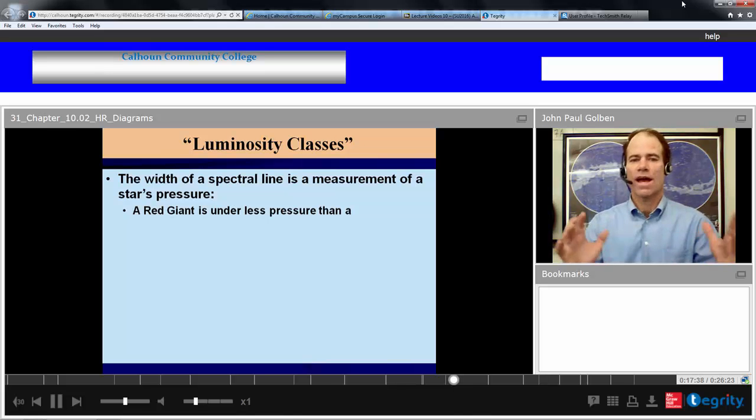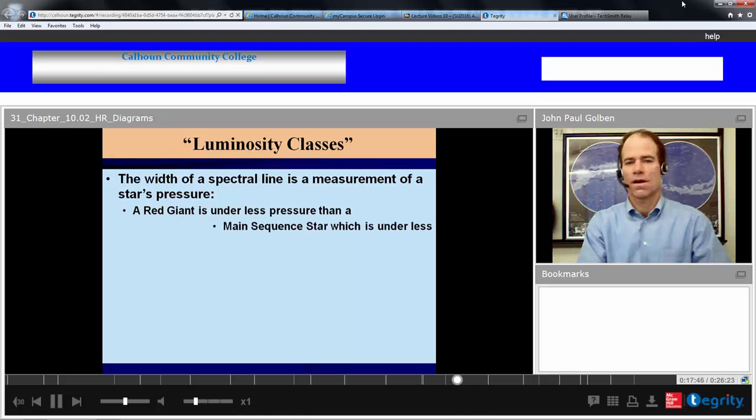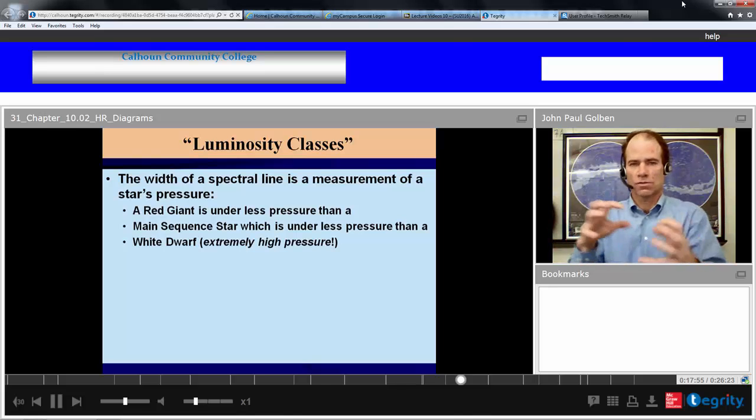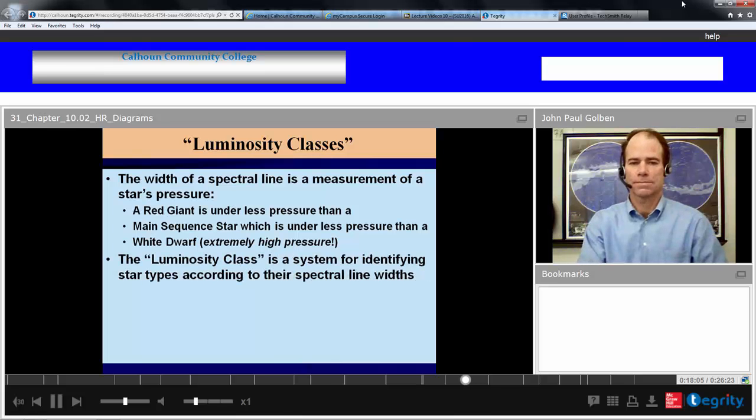A red giant, even though it's massive, is so large that it doesn't have as much pressure on its plasma as, say, a main sequence star, which is much smaller but under greater pressure. And in fact, a white dwarf, which is really small, about the size of Earth, is under a lot of pressure. So this would be manifested in the width of the spectral line that you might see.